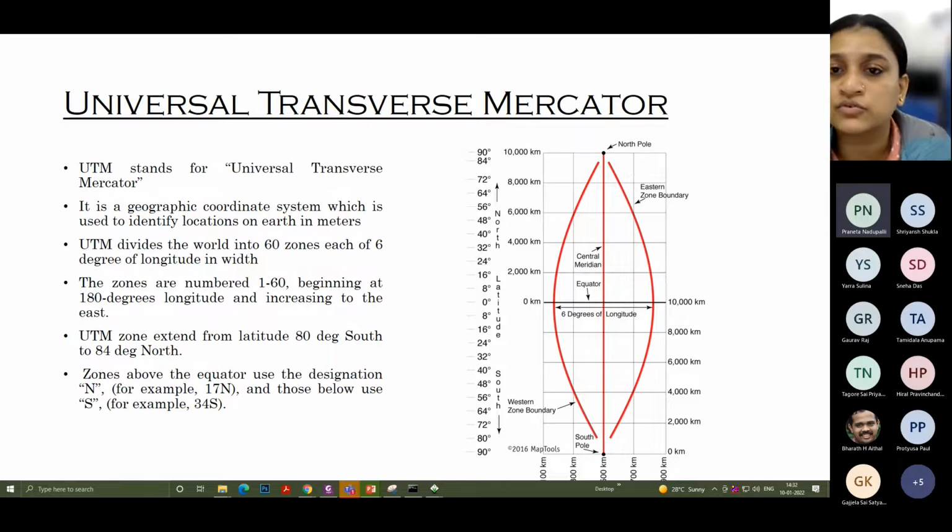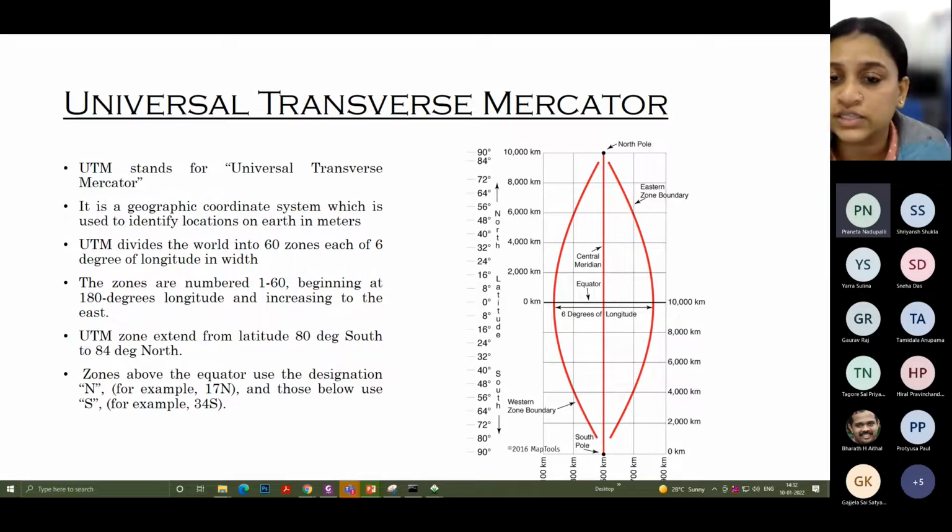UTM stands for Universal Transverse Mercator, and it is a geographic coordinate system that gives a location on Earth in meters. The entire Earth of 360 degrees is divided into 60 zones of 6 degrees longitude each. The numbering from 1 to 60 begins at 180 degrees longitude and moves east.